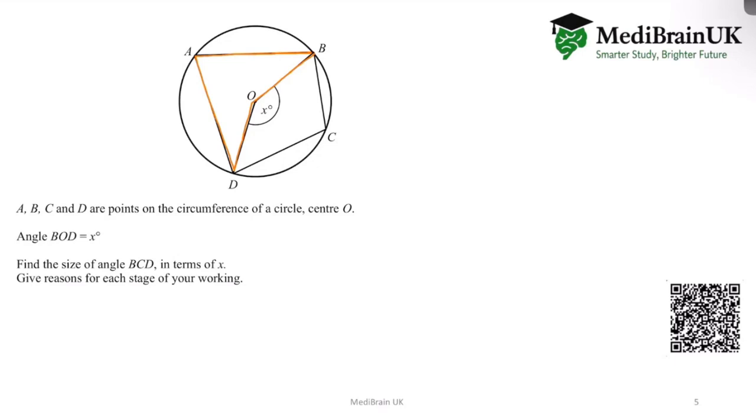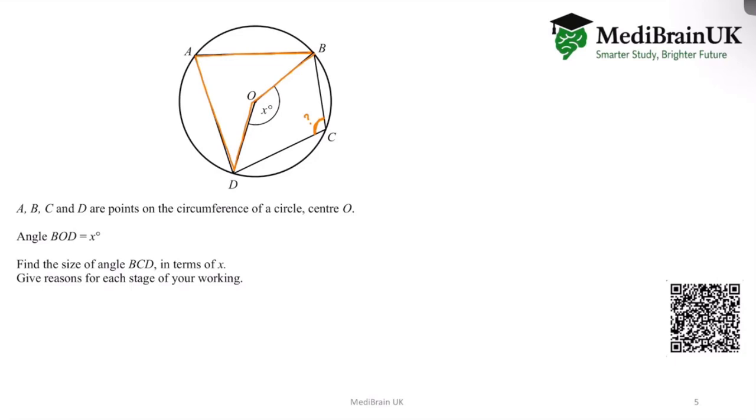Okay, now let's read the question. It says A, B, C, and D are points on the circumference of the circle center O. It says angle BOD is x. Find the size of angle BCD. Okay, so this is the angle that we need to find out. This is our unknown. I'm not going to put x because we already have an x. We need to give reasons for each stage of our working.